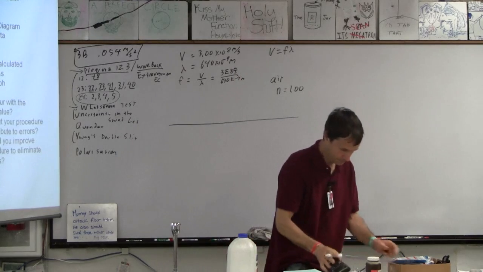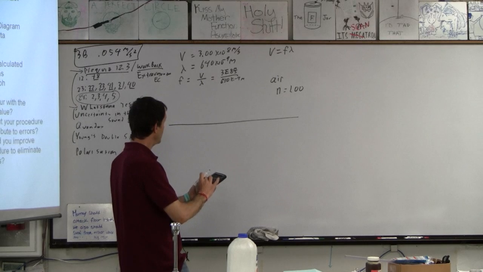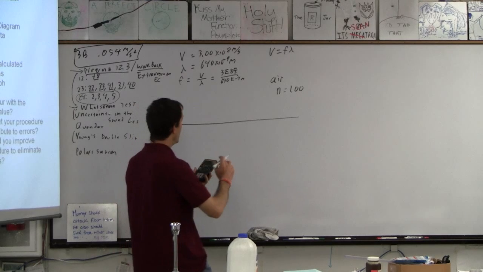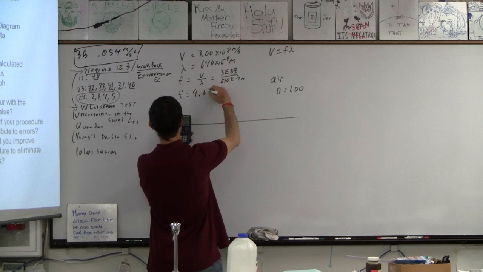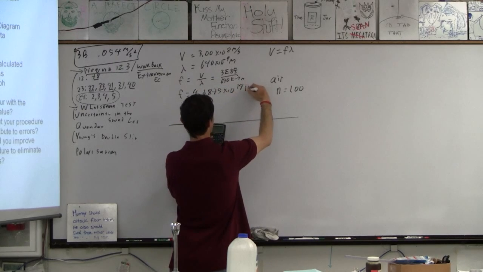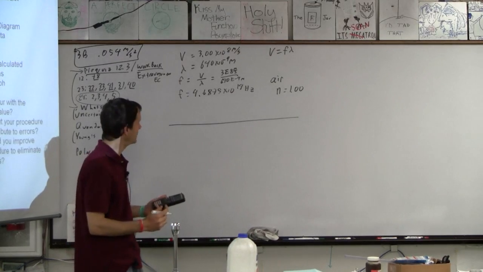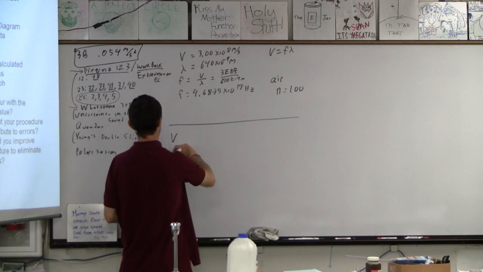So 3 times 10 to the 8 divided by 640 E minus 9, and that gives me the frequency is 4.6875 times 10 to the 14th hertz, which is, technically speaking, that's hundreds of terahertz, sorry, right?